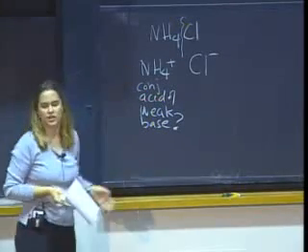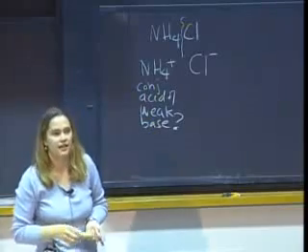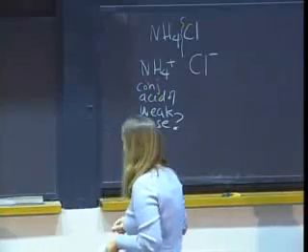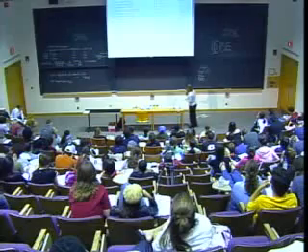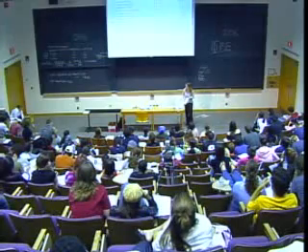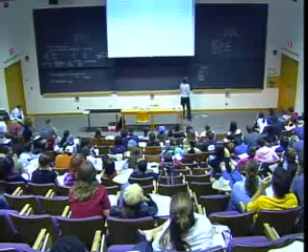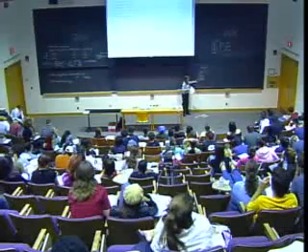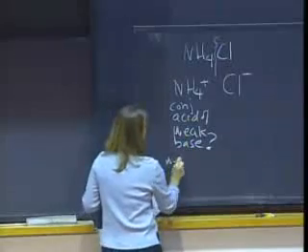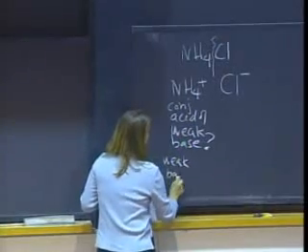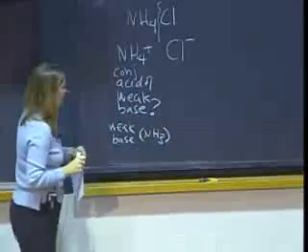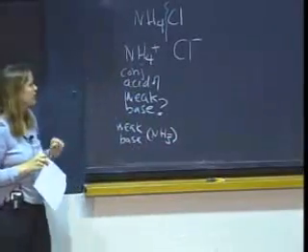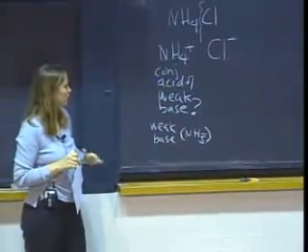So what's the conjugate of NH4 plus? The conjugate of this is ammonia. So the weak base is NH3, and if you added a proton to this, you get the conjugate acid, NH4 plus.